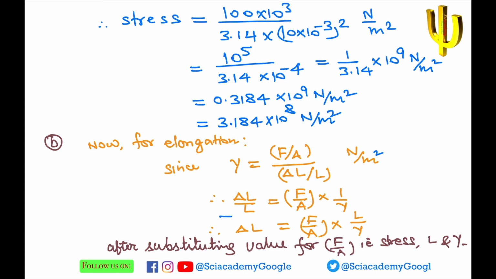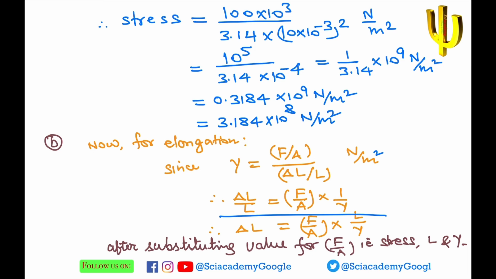can be given as, by cross multiplication, we get force per unit area into 1 by A. Therefore, delta L is equal to F by A into L by Y. Now we get this relation.